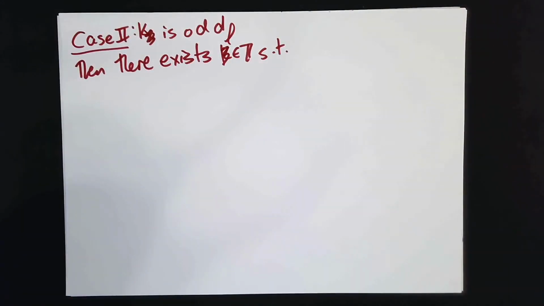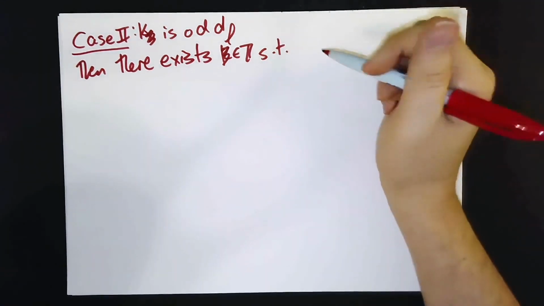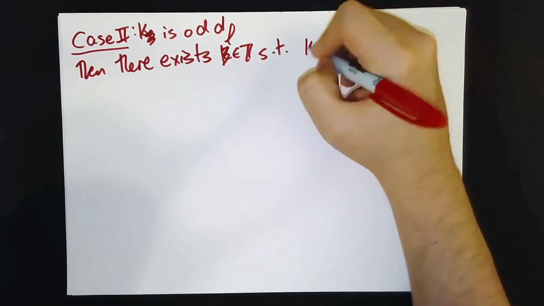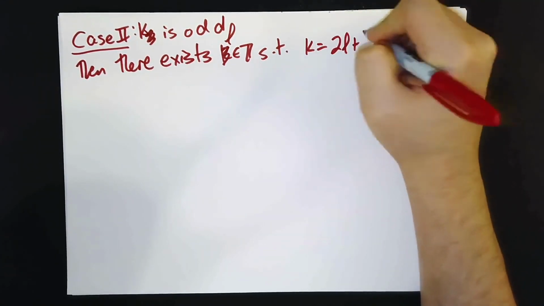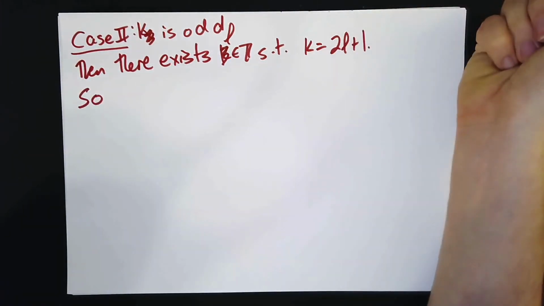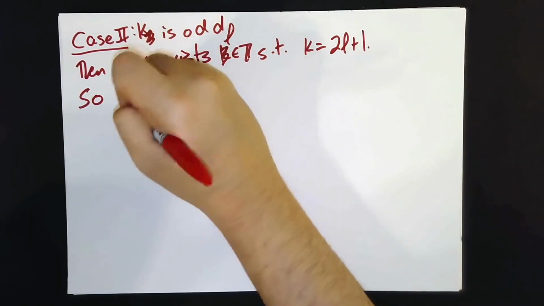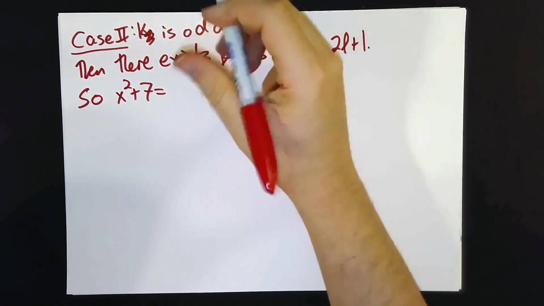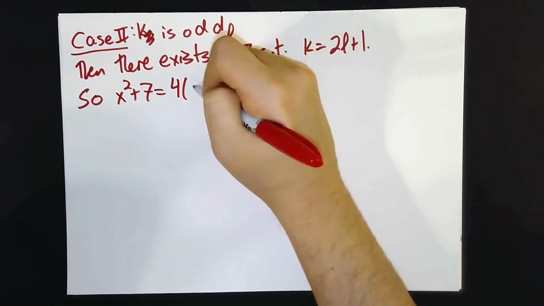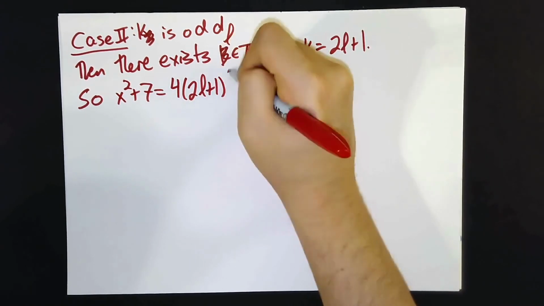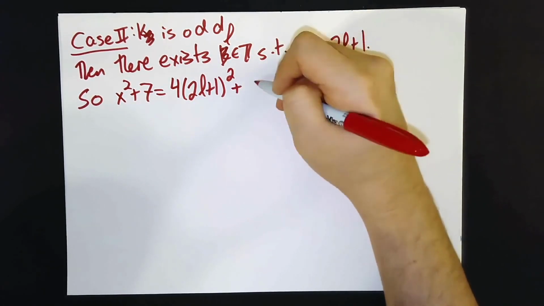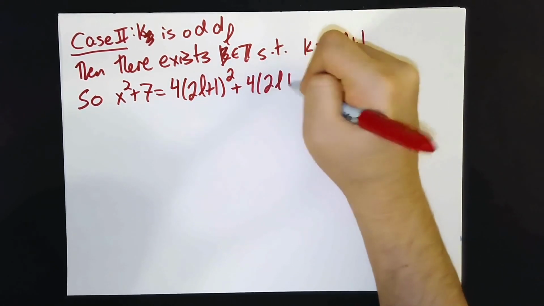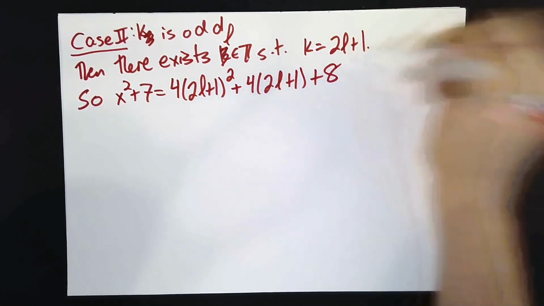If instead k is odd, then there exists an integer L such that k is 2L plus 1. And so what does that mean? That means that x squared plus 7, if I write it out from before, is now going to be 4 times (2L plus 1) squared, plus 4 times (2L plus 1), plus 8.